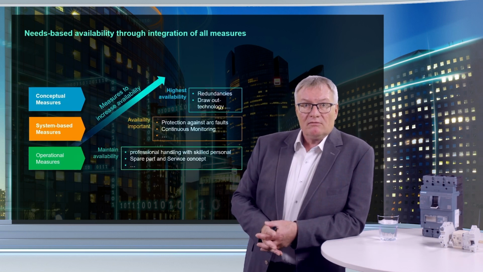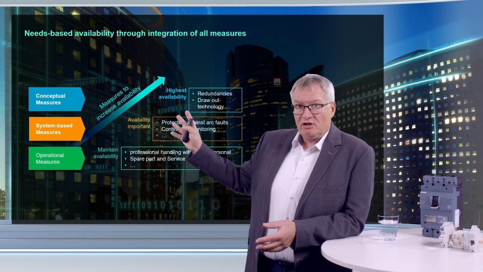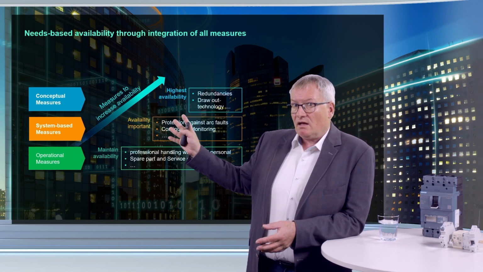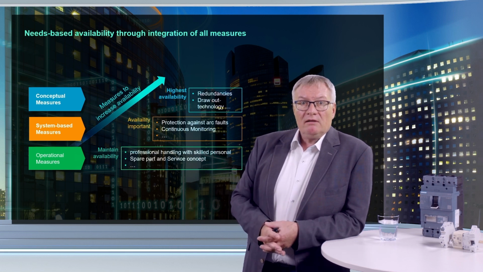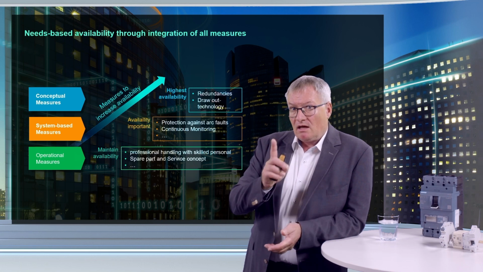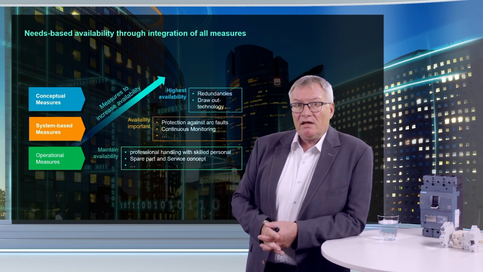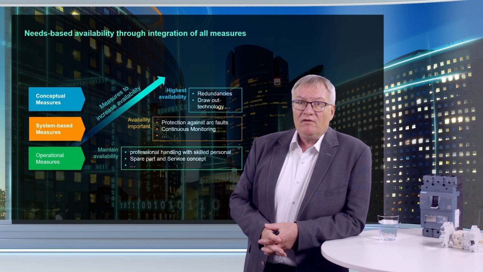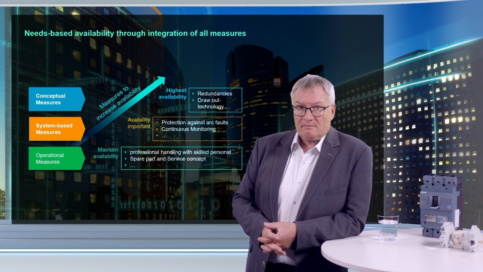Conceptual and system technical measures are the most proven measures for reducing downtime and achieving maximum availability. System-related measures are important measures to increase availability. However, both measures can only be implemented economically if the decision was made specifically and included during the planning phase.